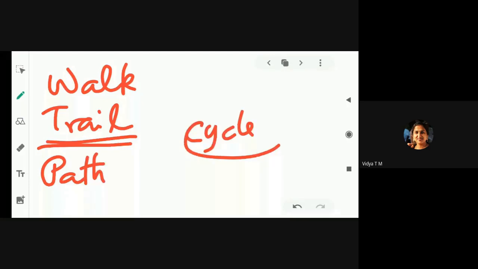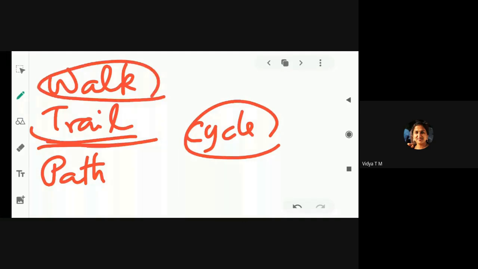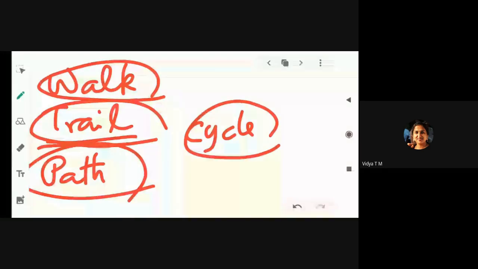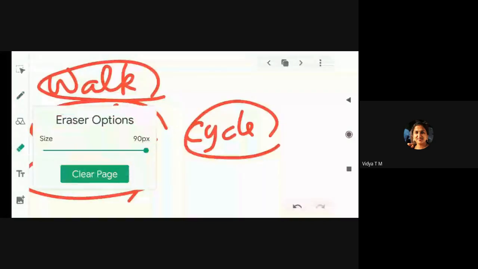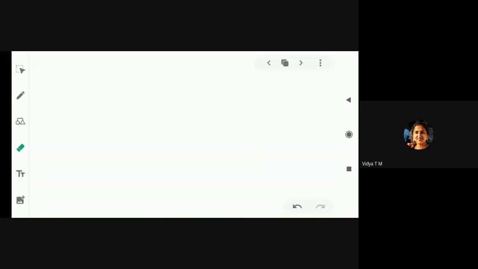These are the building blocks of graph theory. Unless you learn these four definitions clearly, you cannot learn graph theory in its entirety. So let me treat each one of them one by one. So what is a walk? Walk in a graph.